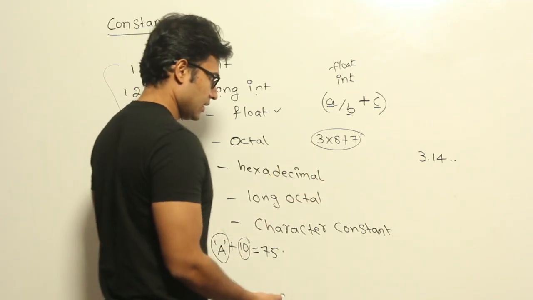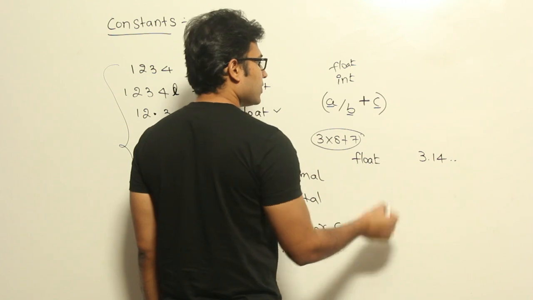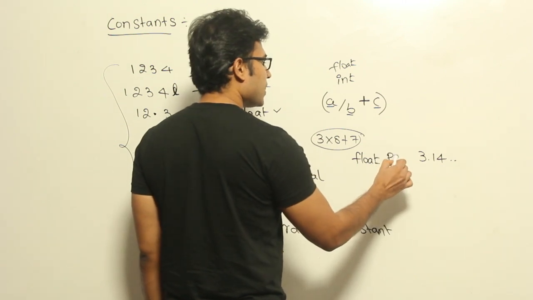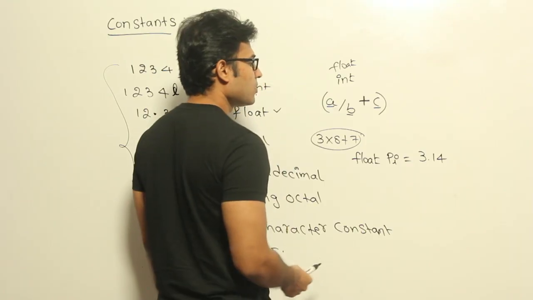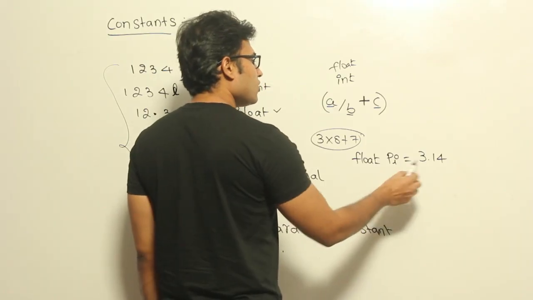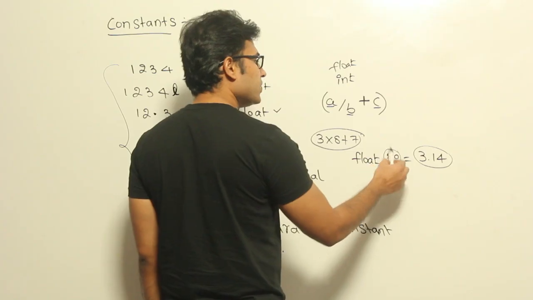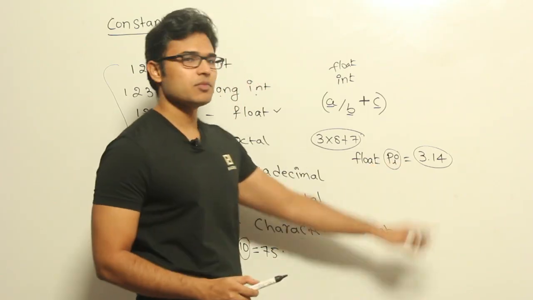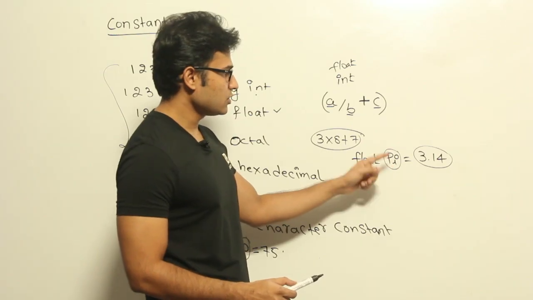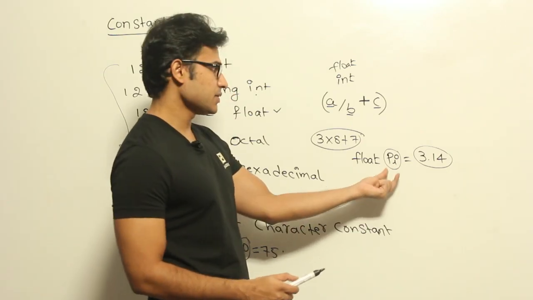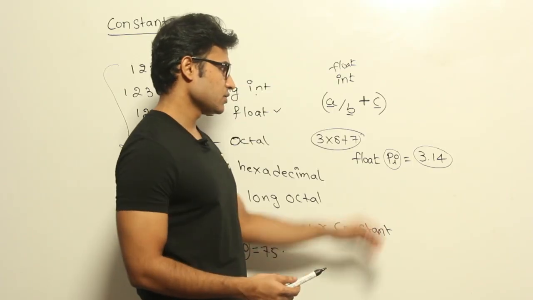In that case, let's say you use float pi is equal to 3.14. What is the problem with this? Even though this is a constant, which means you don't want pi to be changed and it should always be 3.14, there is a chance that someone accidentally changes its value. Let us say pi plus plus, it is allowed. Pi equal to pi plus 1 or something like this, if they try to change it, it is allowed.